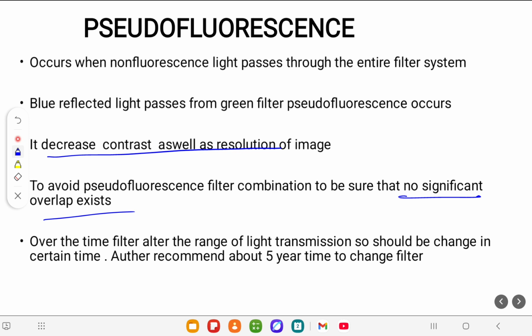So it's very important that the filter must be very clean. That's why this is the recommendation: over time filters alter the range of light transmission, so they should be changed at a certain time. The author recommends changing the filter every 5 years. You have to maintain your filter in the photographic filter or whatever FF filter.